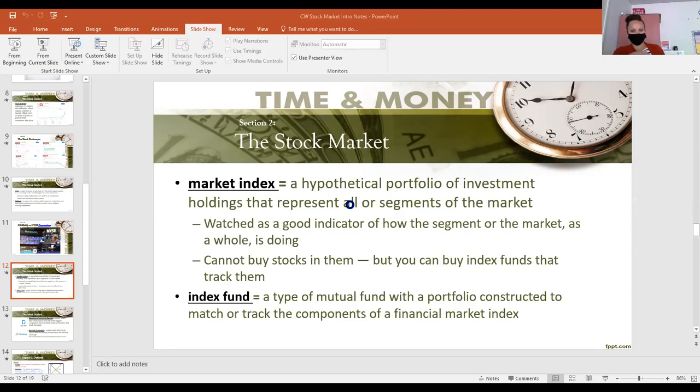The NASDAQ Composite is a market index that tracks about 4,000 stocks that are listed on the NASDAQ exchange. If you've listened to anything on TV about financial news, you may have heard some of these terms: the Dow Jones, often referred to as the Dow, or S&P, NASDAQ.